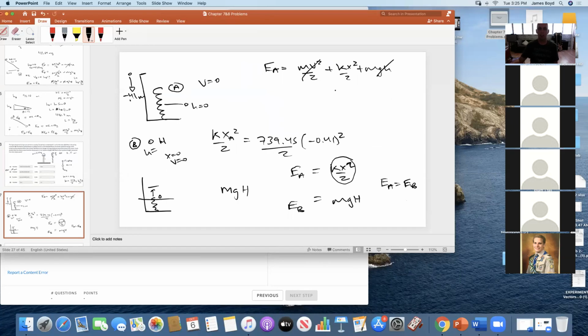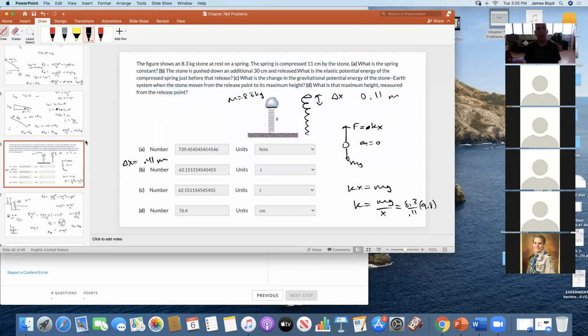Well, if this is true, that mgh is equal to kxa squared over 2, h is equal to k over 2mg xa squared. And you can find that really easily. It's 76.4. So not too hard.